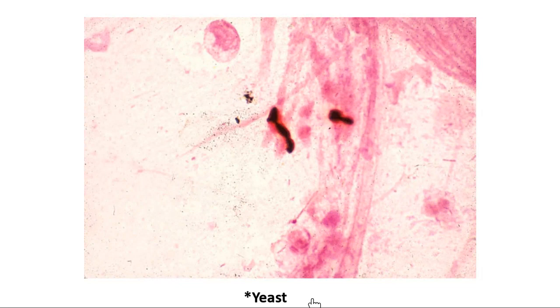Excellent, Salman. Candida is part of the normal flora of the mouth. So when you find these fungi, it also indicates that there is contamination of saliva in your sputum specimen. A small number is most of the time present in the mouth.